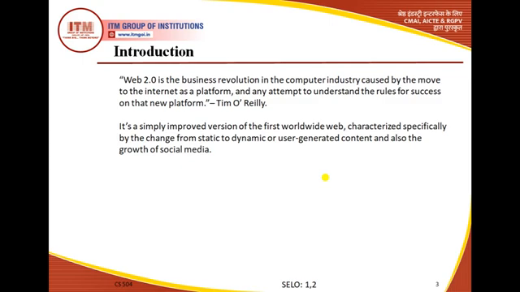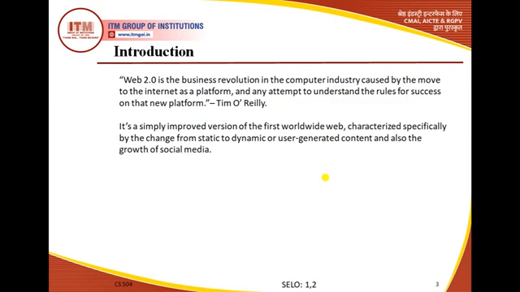So this was the definition given by Tim O'Reilly, and it's simply an improved version of the first World Wide Web. Whenever we talk about the World Wide Web, at the very starting the version which was named for this very first initiative of the World Wide Web was Web 1.0. So we can say that Web 2.0 is simply an improved version of it, and it is characterized specifically by the change from the static to the dynamic or user generated content, and also the growth of social media.